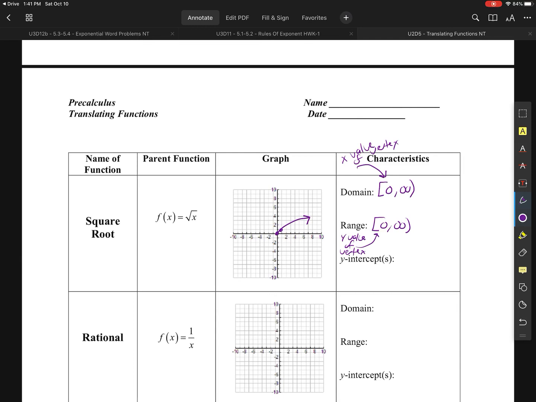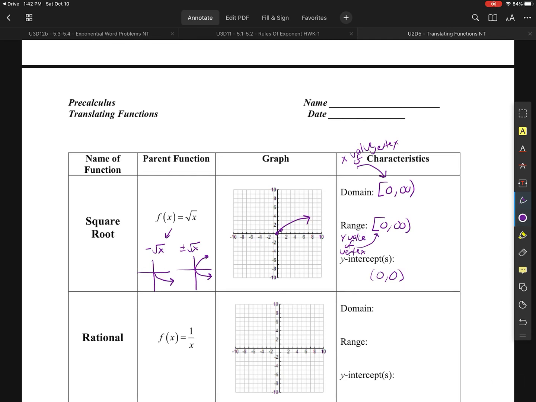With a square root graph, we can have a few other options. If I have a negative radical, my parabola would look like that. If I have a positive negative radical graph, my parabola would look like that. So the positive radical, we have the top of the sideways U. The negative radical, we have the bottom of the sideways U. A positive negative, we have the complete sideways U. And again, my y-intercept, we're still focusing on (0, 0).